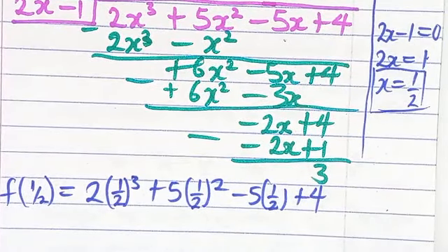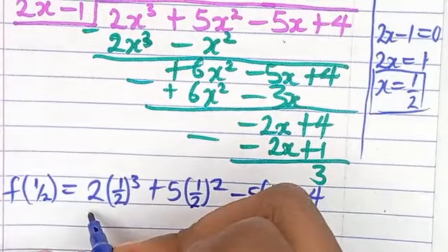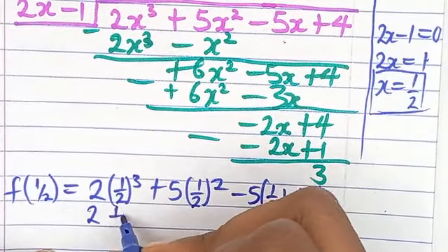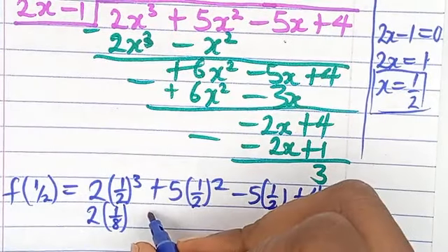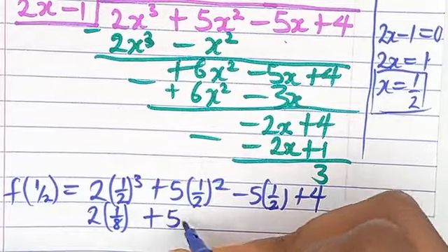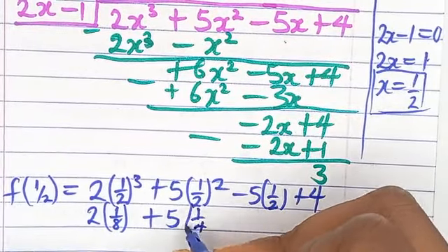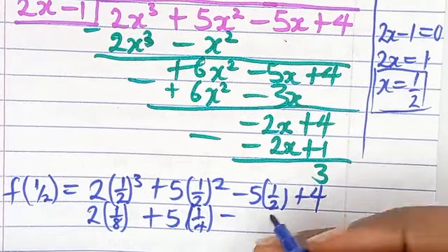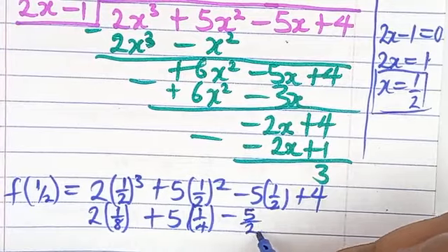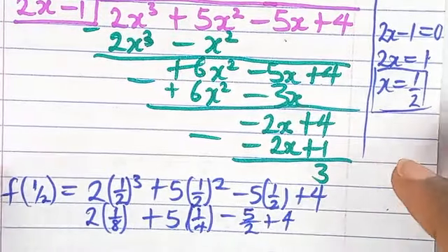Okay, we have 2 into 1 over 8, that is the cube of half. 5 into 1 over 4, minus 5 times half is 5 over 2, plus 4.